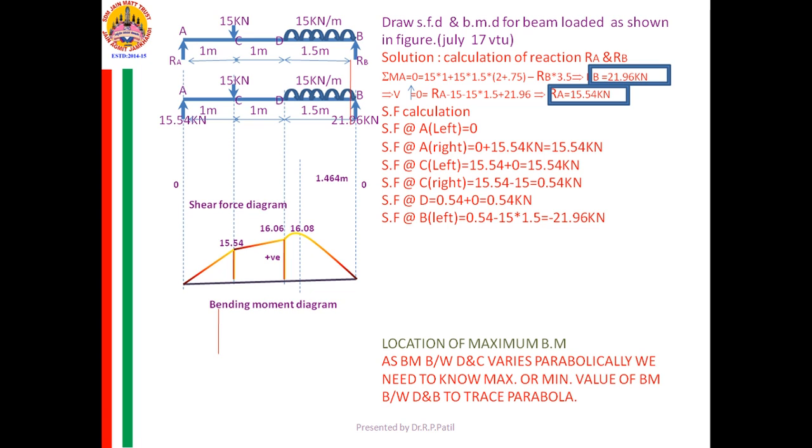Yes, last is the SF at right of B. Means I want the SF at this location. Already I am coming from A. From there only I need to check it.